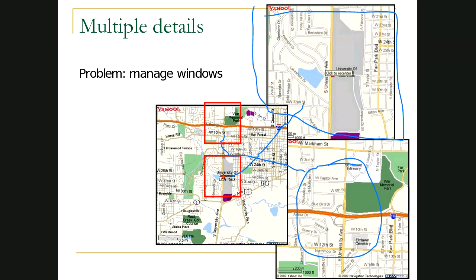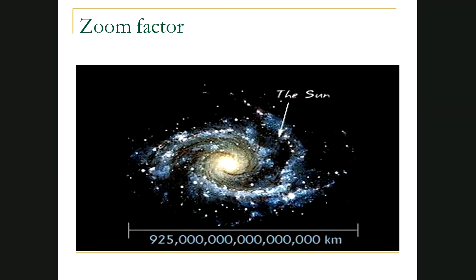It was just something I took off Google Earth or something a long time ago. Yahoo, actually, Yahoo Maps. So I can have more than one detail, but then I would have to deal with them. There's three of them that if they go on top of each other, it's like dealing with multiple windows on a computer.